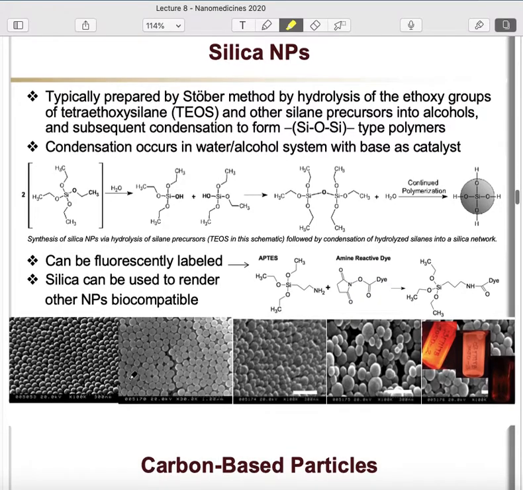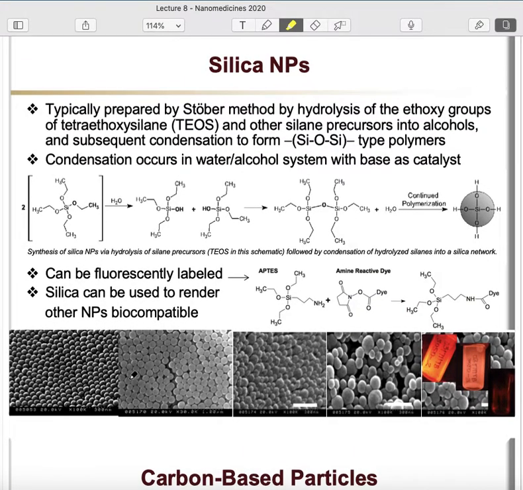All right, and that takes us to silica nanoparticles. So silica nanoparticles are typically prepared through this method called the Stöber method, which is a hydrolysis process. In this hydrolysis process, we begin typically with a silane precursor, such as TEOS in this case, which is tetraethoxysilane.